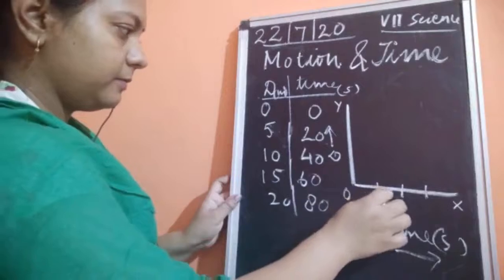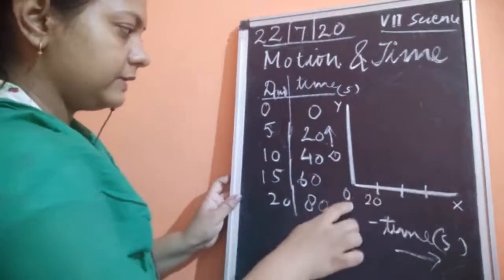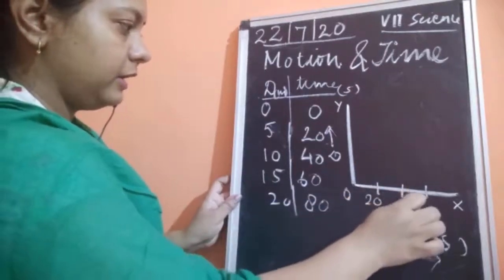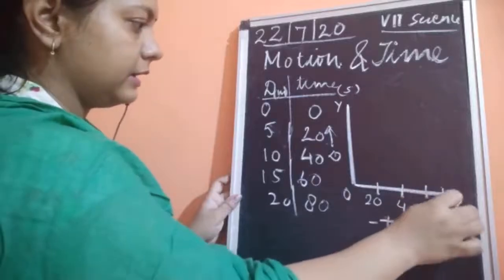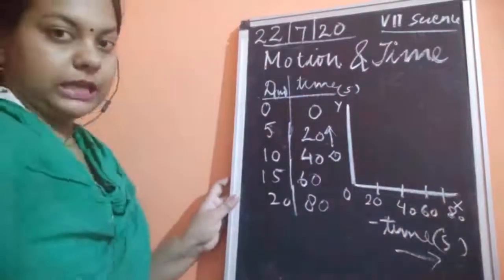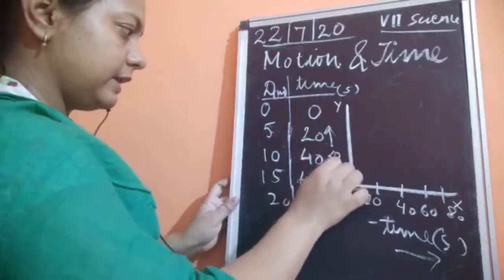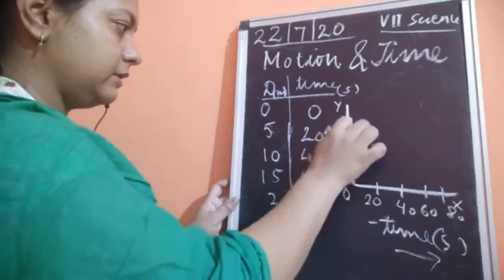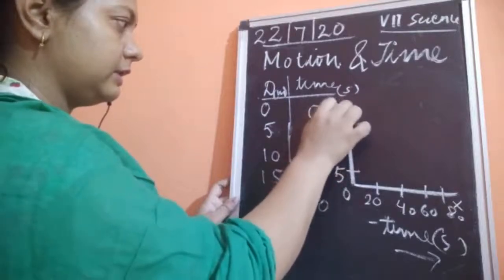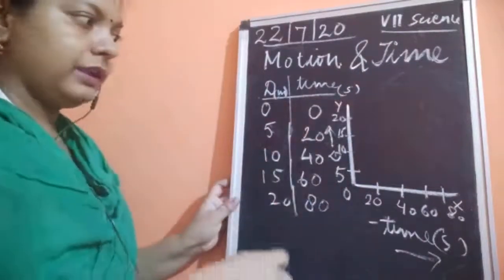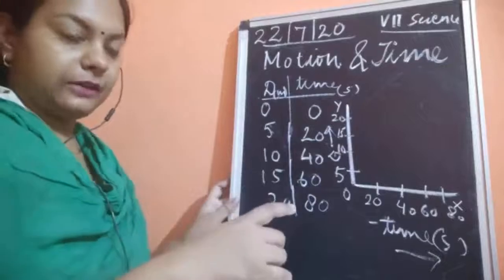It is 0, then 20, then 40, then 60, and then 80 seconds. Similarly we can plot the distances here: 0, 5, then 10, then 15, then 20. And we are going to draw the graph in the same manner.